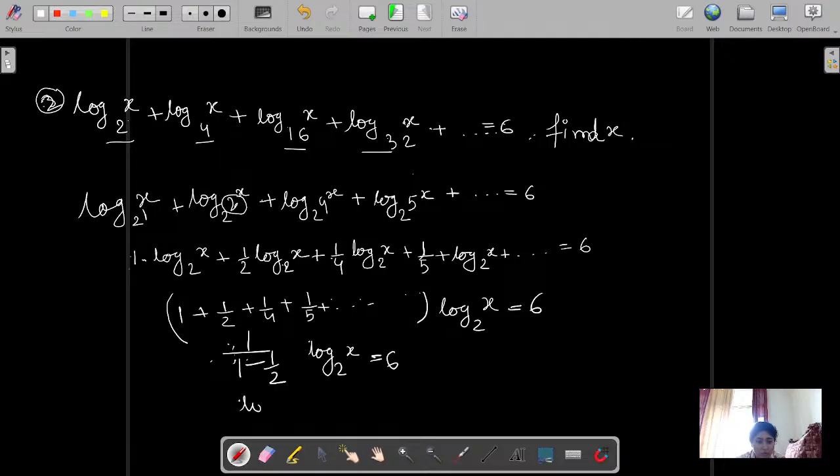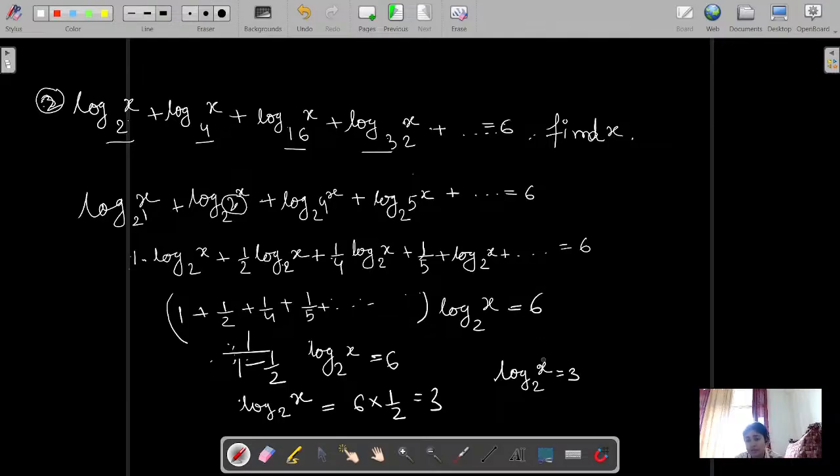So log 2 base x, and here it will come as half. So this half I can cancel with this, means 6 into half, so this will be 3. So now I'm getting log 2 base x equals to 3.